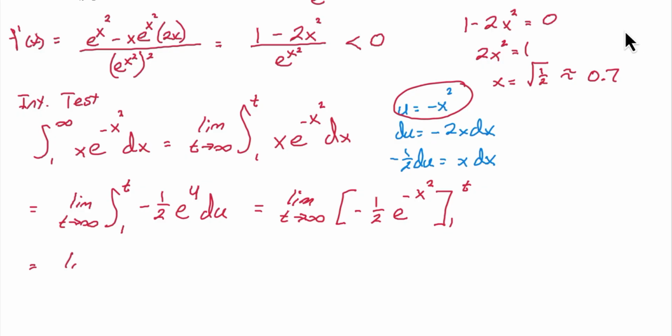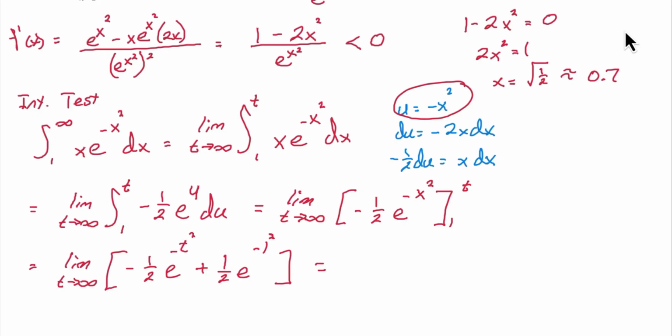We now have the limit as t approaches infinity of, plugging in those limits of integration, negative 1/2 e to the negative t squared minus negative, we'll make that a plus, 1/2 e to the negative 1 squared.